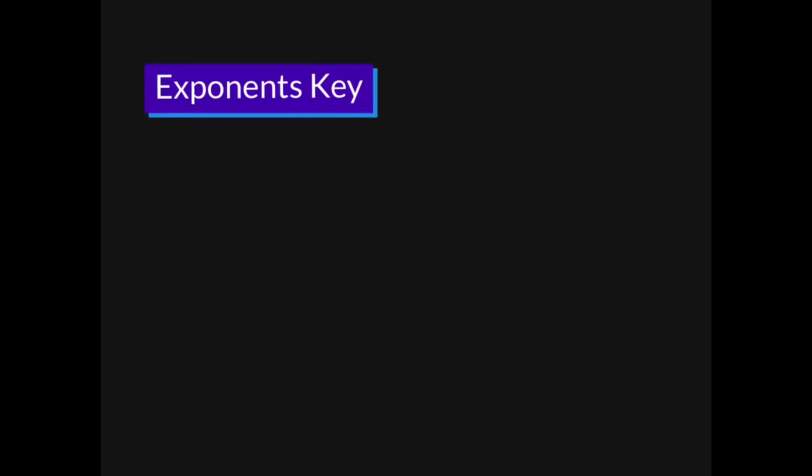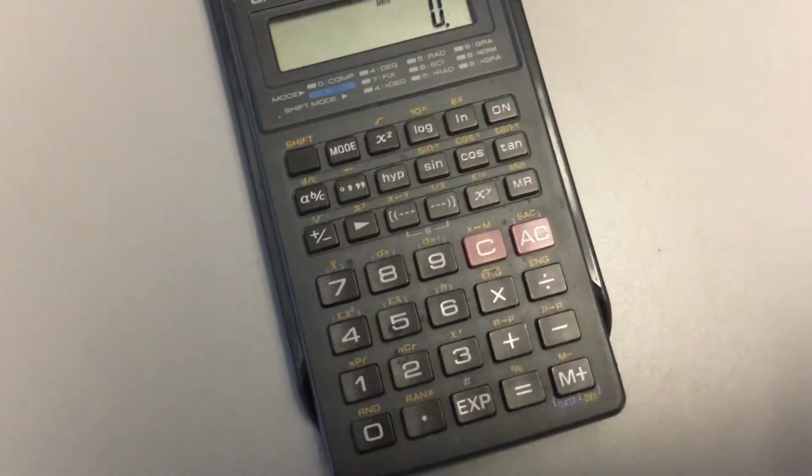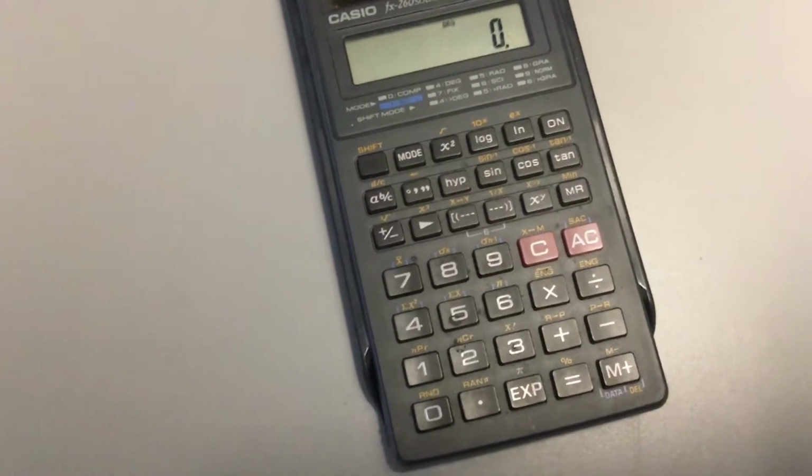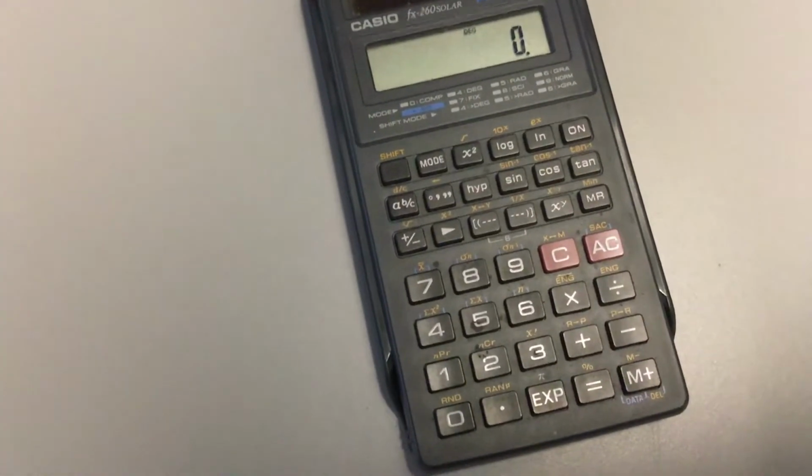Let's try a slightly more complex example using the order of operations. So we have 7 plus 6 times 10 to the 5th. If you remember, a scientific calculator is going to follow the correct order of operations. So we can just enter everything.